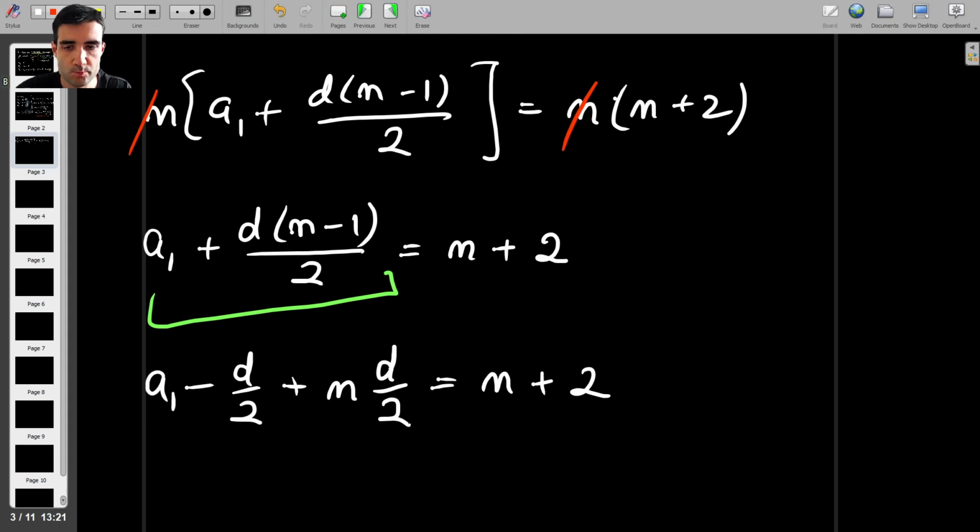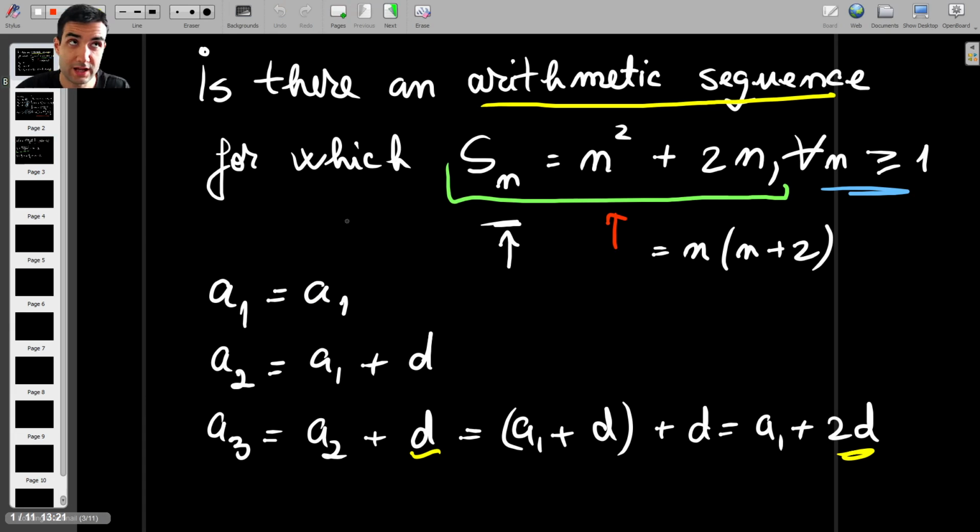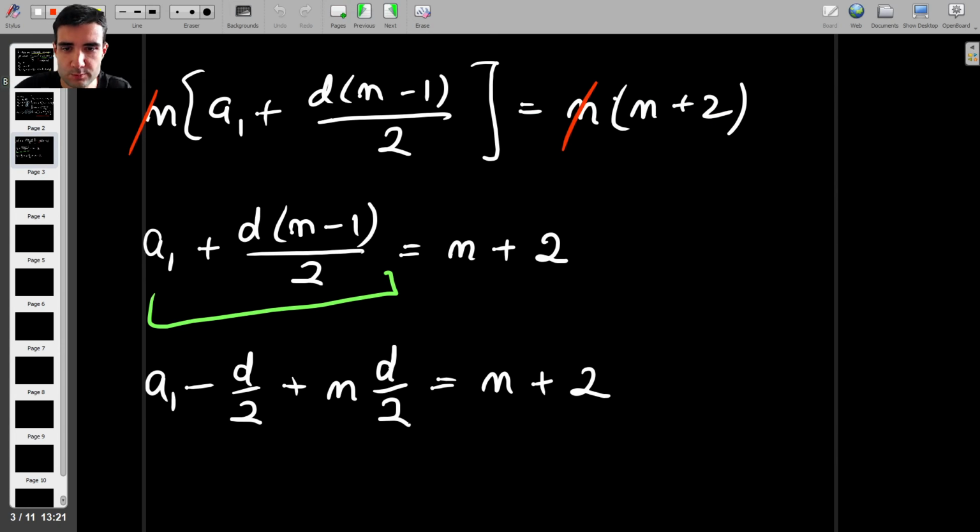So n can be anything, as long as it's at least 1. So we can actually treat this as a polynomial.